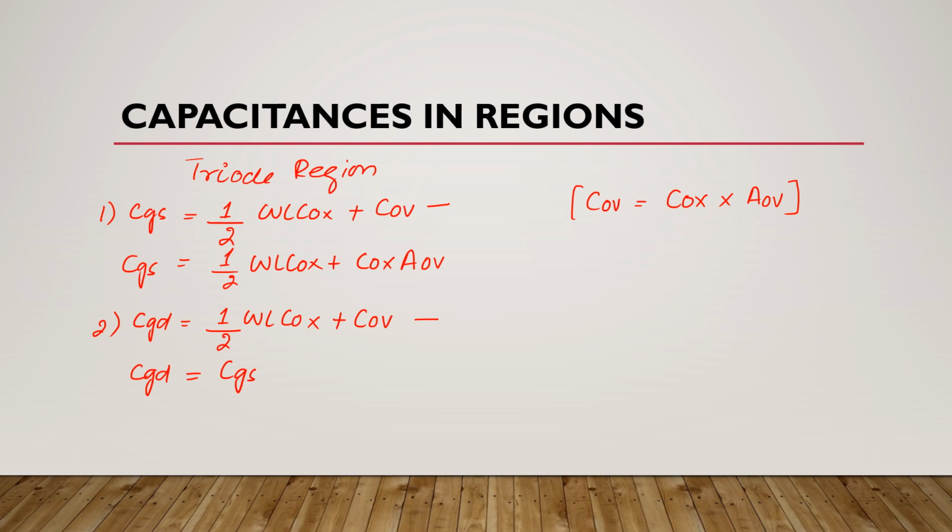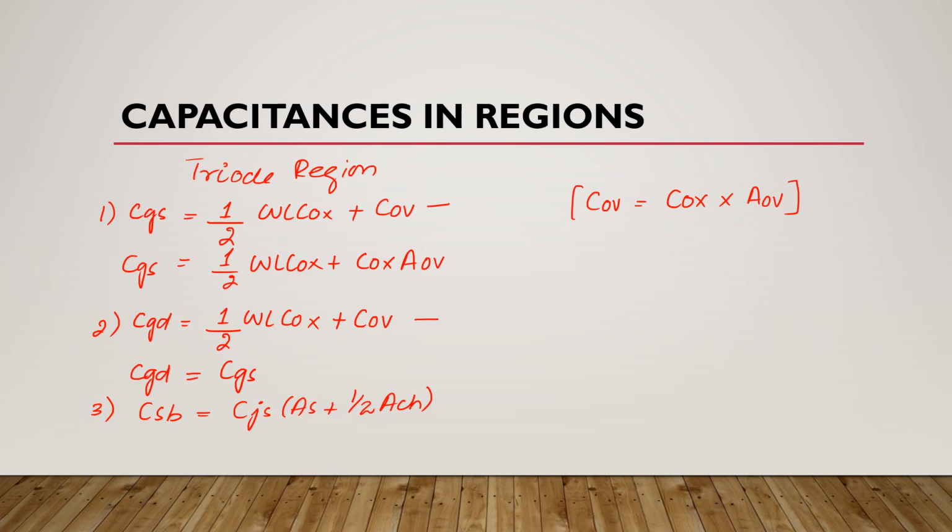Now here the formula of source to bulk capacitance is this. Okay, without sidewall capacitance.